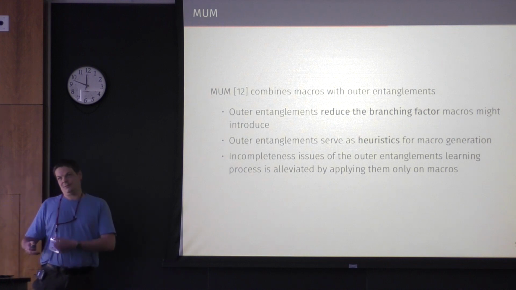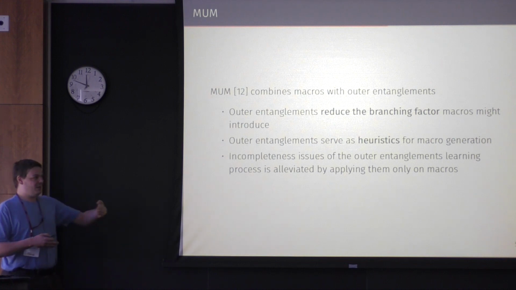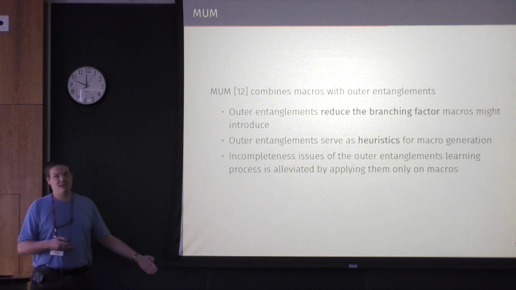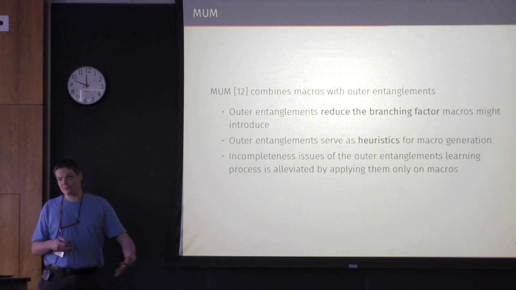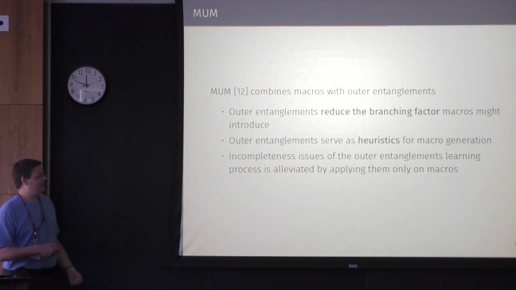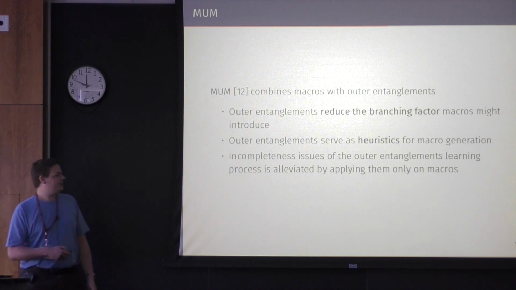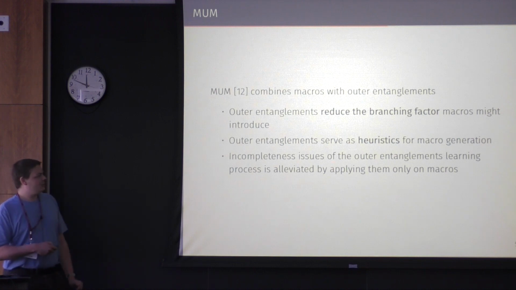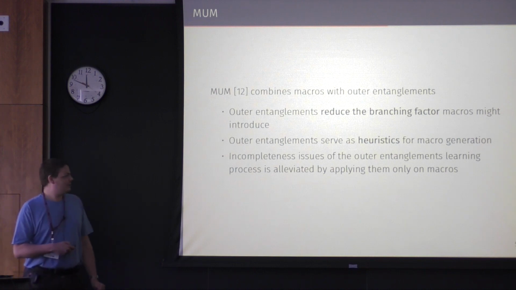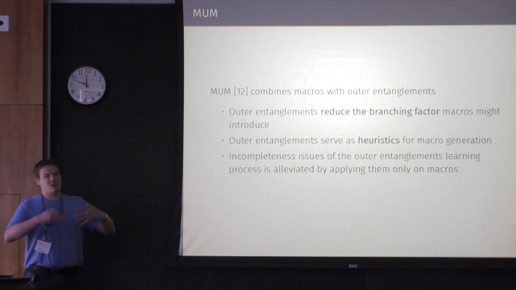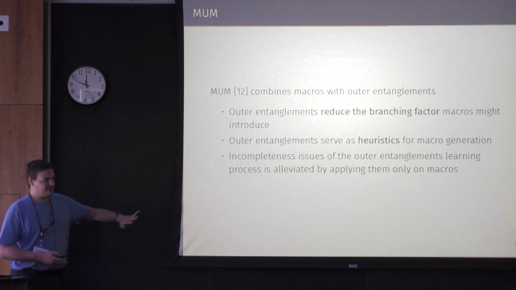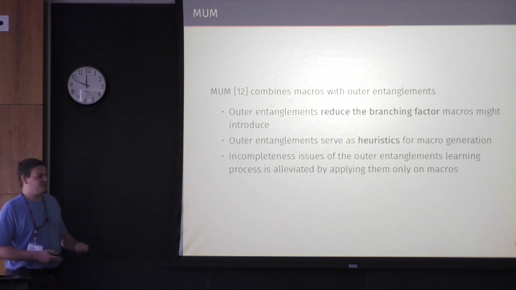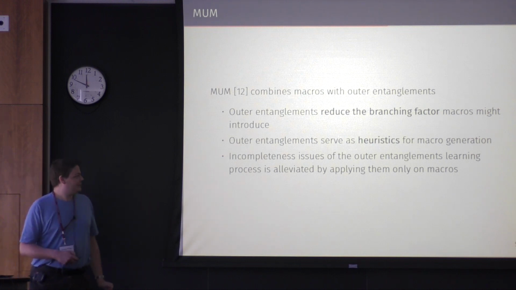On the other hand, if we apply outer entanglements on original operators and we are not sure that we selected good training problems for learning, then to avoid incompleteness we apply outer entanglements just on macros. Because if we over-prune instances of macro operators, it doesn't matter, because we still have the original operators that we can use instead.